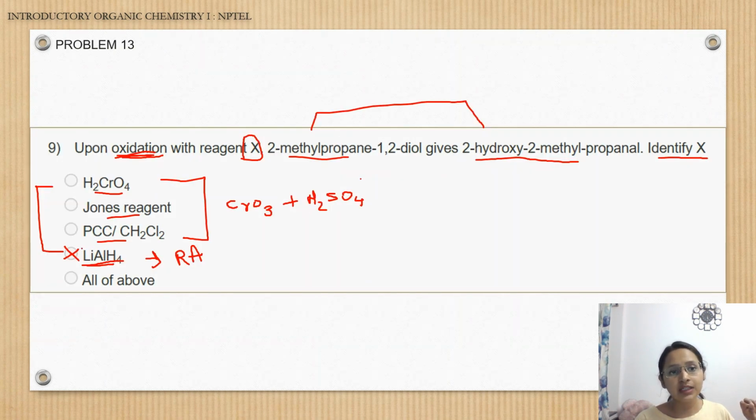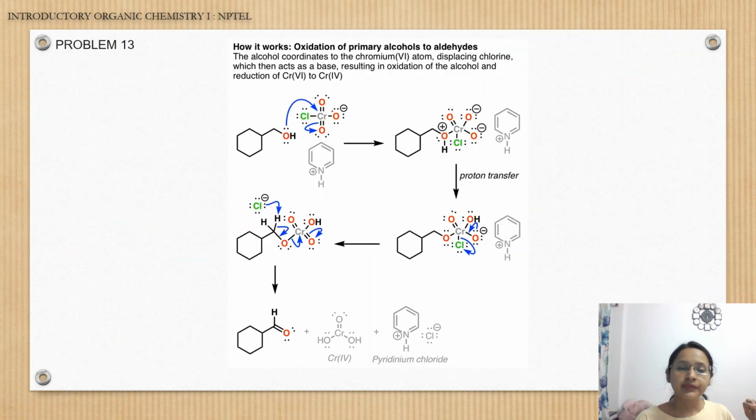But if you see the case of PCC and DCM, what is happening? PCC is basically pyridinium chlorochromate. This chromium reagent is converting this alcohol into the aldehyde. So PCC will react with primary and secondary alcohol.